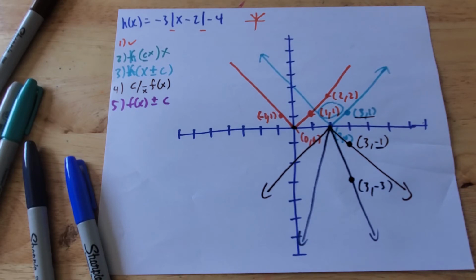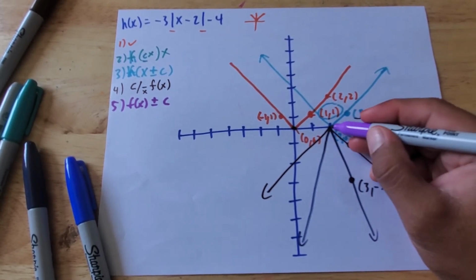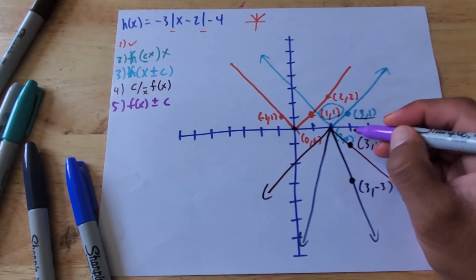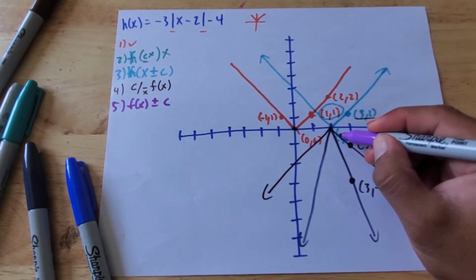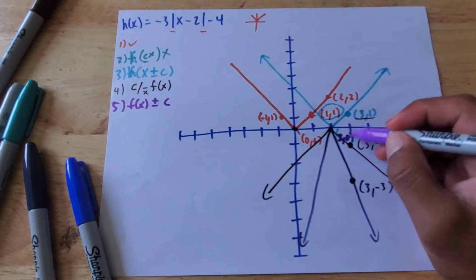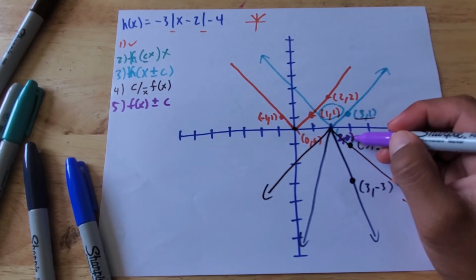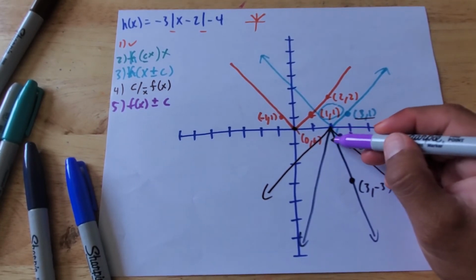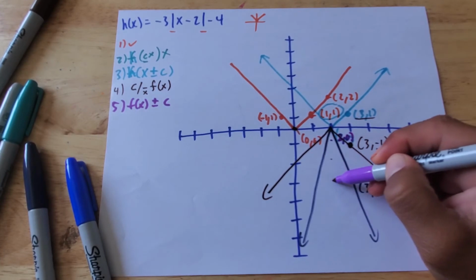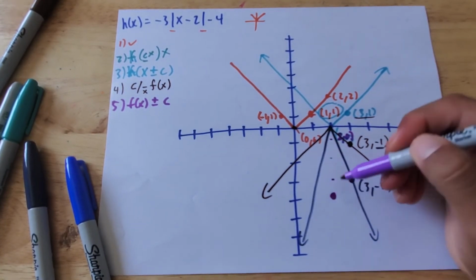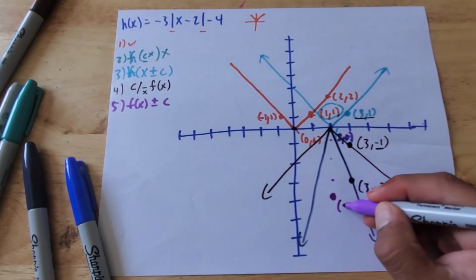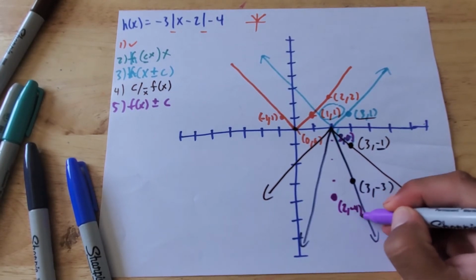Right here, if you can't see it, this point is 2 comma 0. What we're doing to the y coordinate is subtracting 4. So that means it's going to be 1, 2, 3, 4. It's going to move down here, and that point is going to be 2 comma negative 4 now.